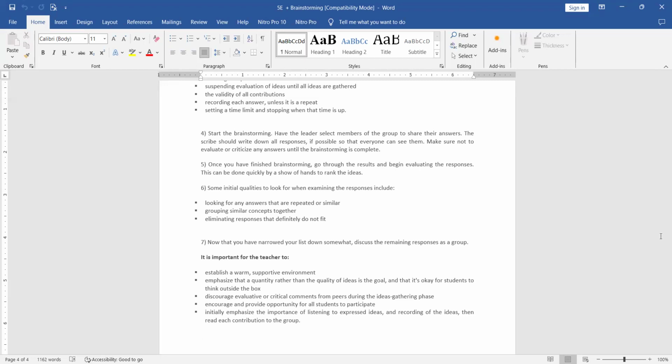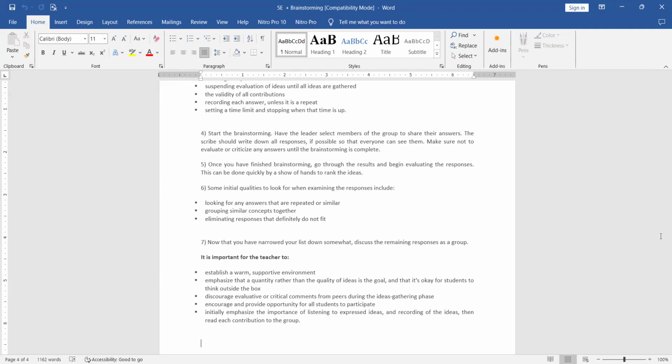Emphasize that quantity rather than the quality of ideas is the goal. Saying what is right or wrong is quality, but that is not the goal in brainstorming; it is the amount of information, the amount of ideas. So here we look at quantity, not quality. Quantity over quality is important during brainstorming, right?